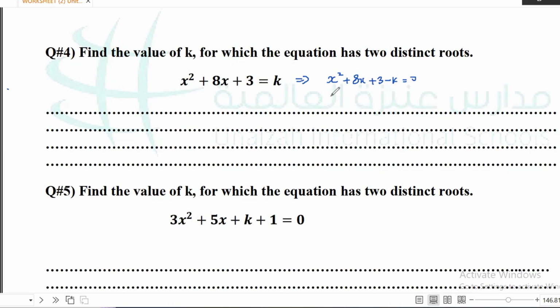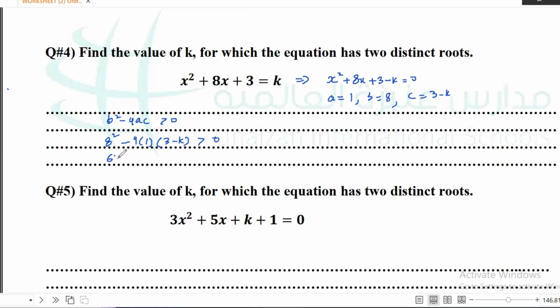So a is 1, b is 8, and c equals 3 minus k. So our discriminant is b squared minus 4ac, which is greater than 0. So b squared is 8 squared, a is 1, c is 3 minus k, which gives us greater than 0.